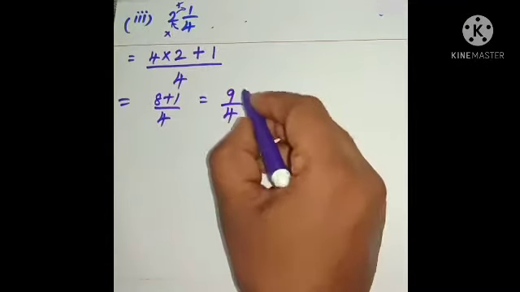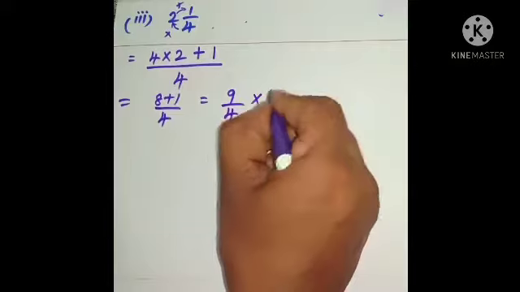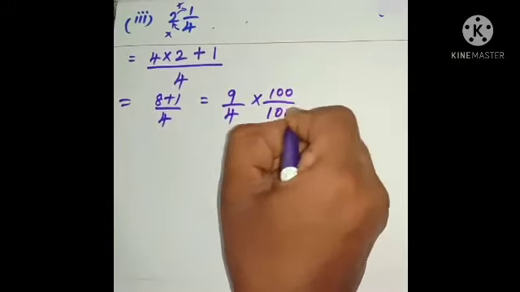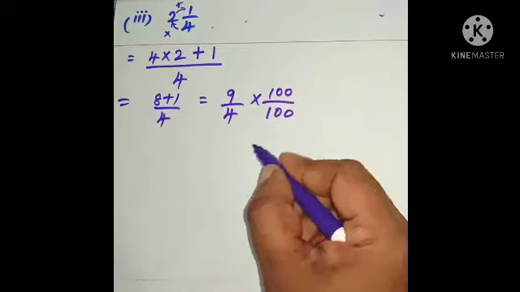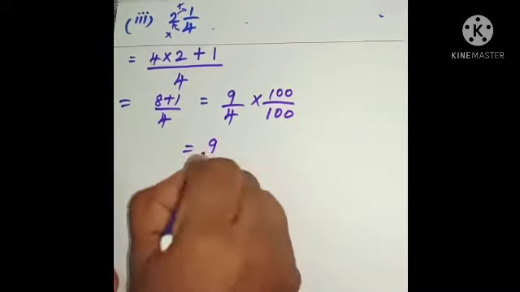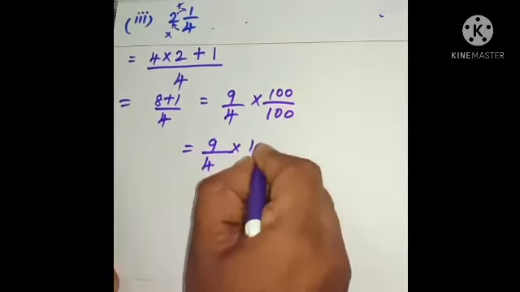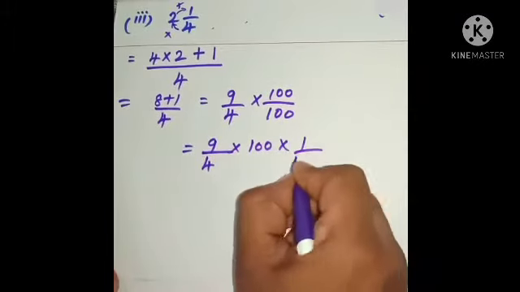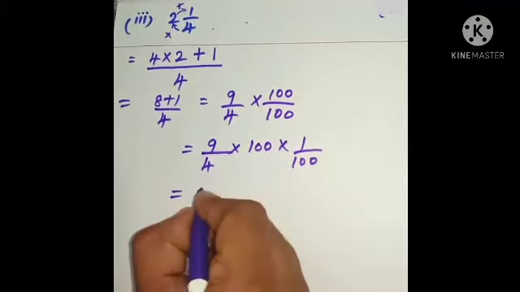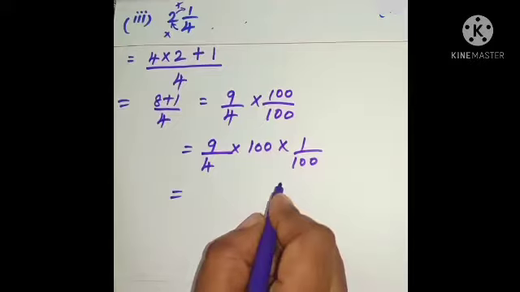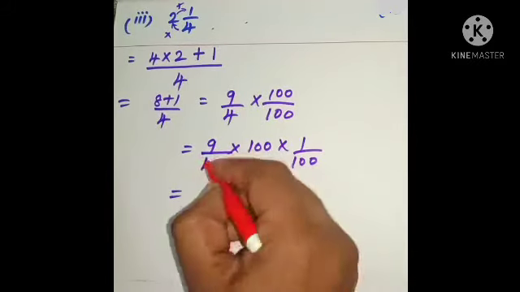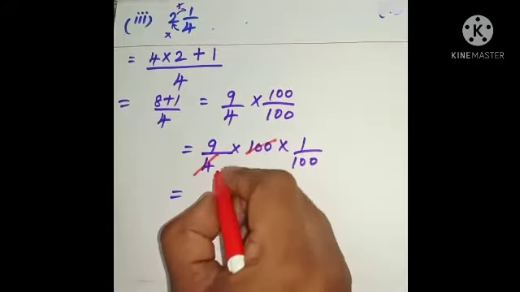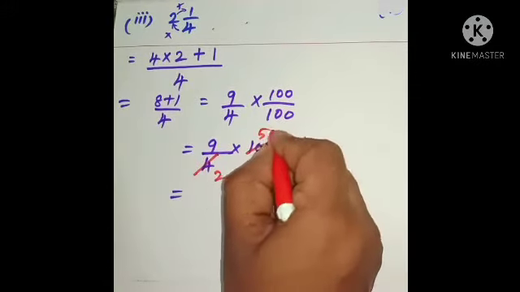Now 9 by 4 into 100 by 100. Now we are converting the fraction into percentage. So 9 by 4 into 100 into 1 by 100. Let us separate like this. And here when we cancel 4 and 100 by using 2 table, it is 2 times, here it is 50.